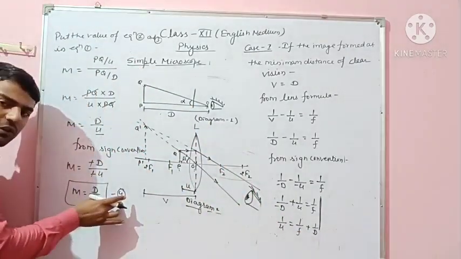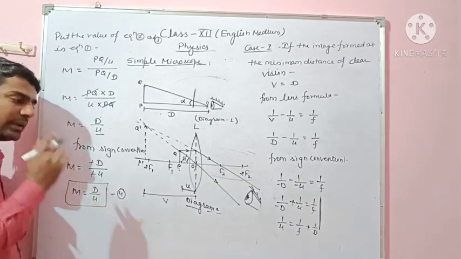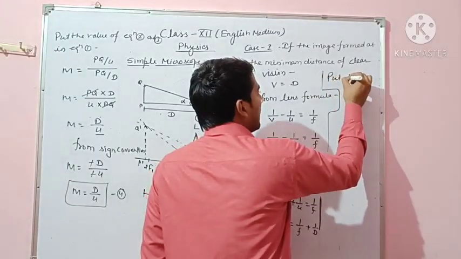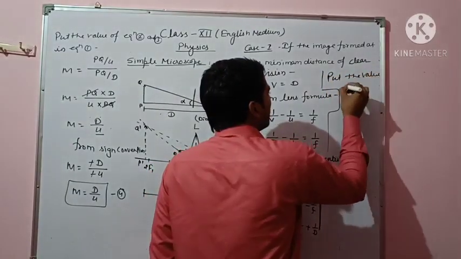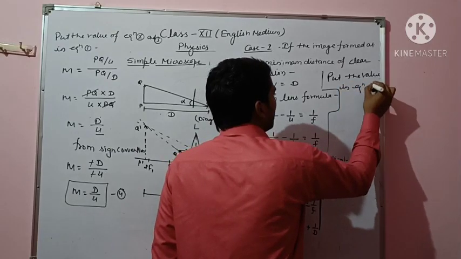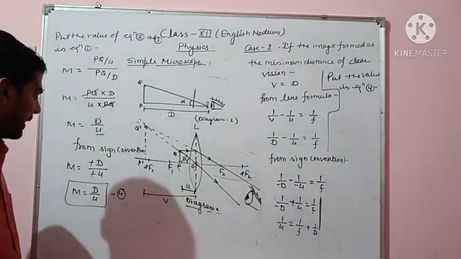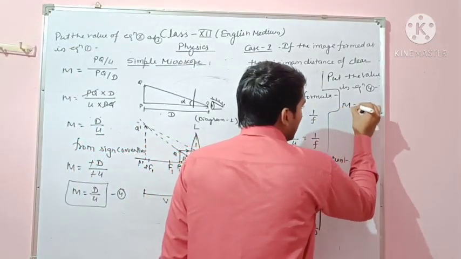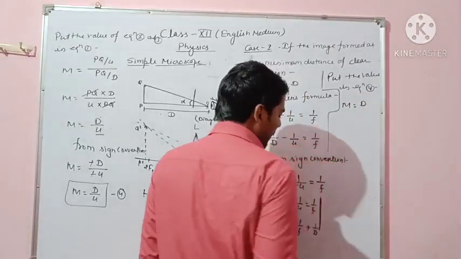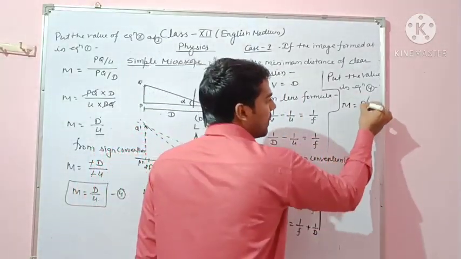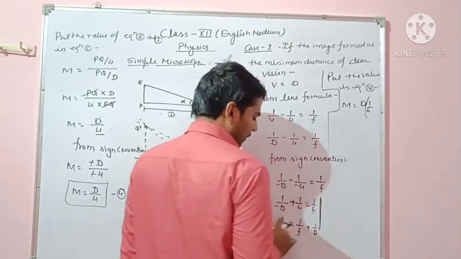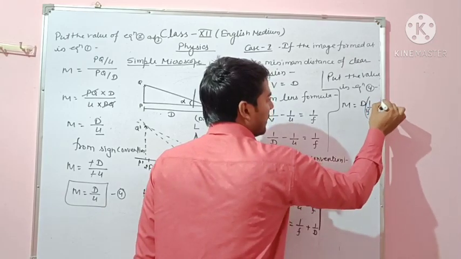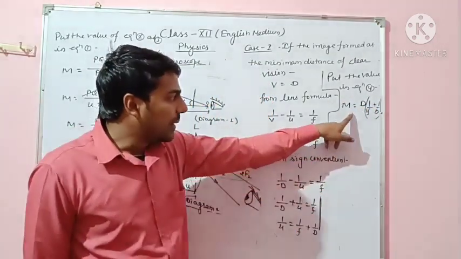Here this is equation 4, where m equals d upon u. So put the value in equation 4. What is equation 4? That is m equals d upon u. Here the value of 1 upon u equals 1 upon f plus 1 upon d.